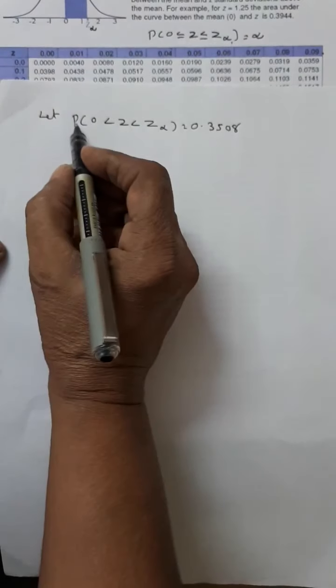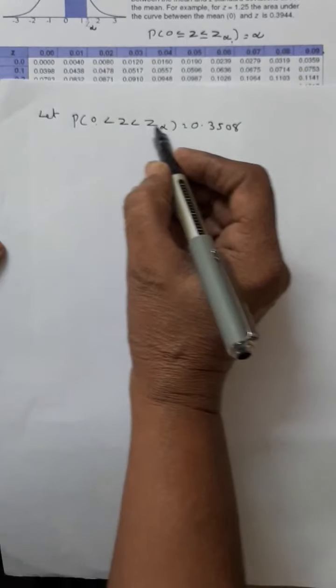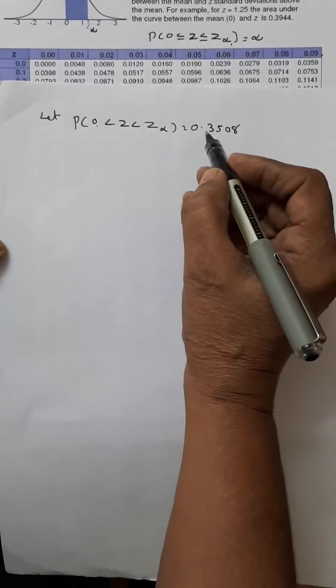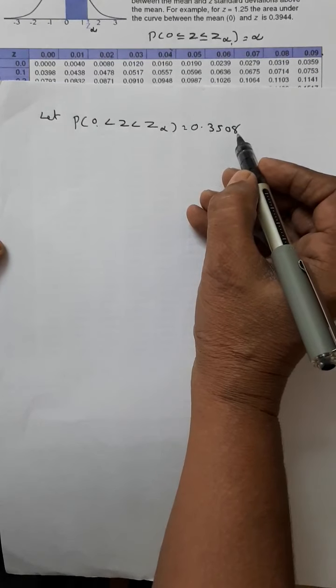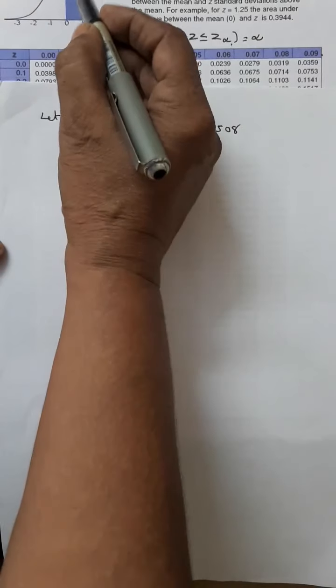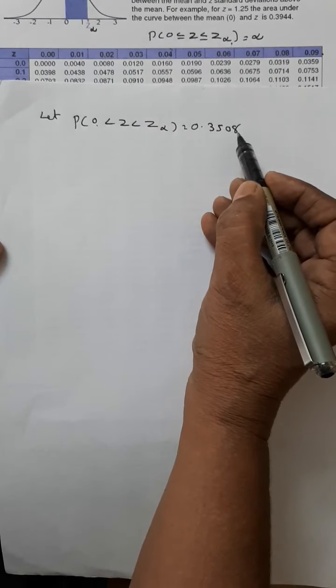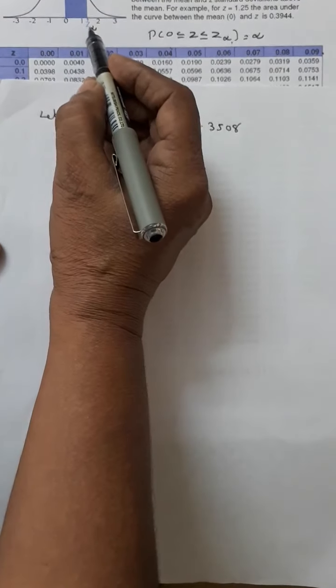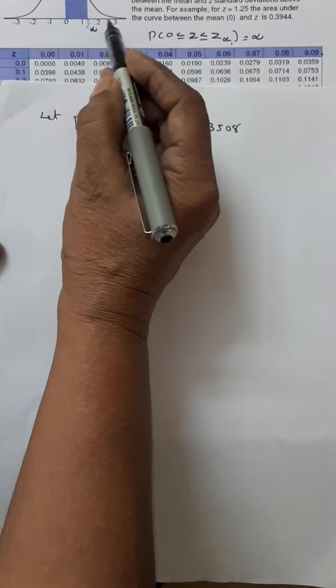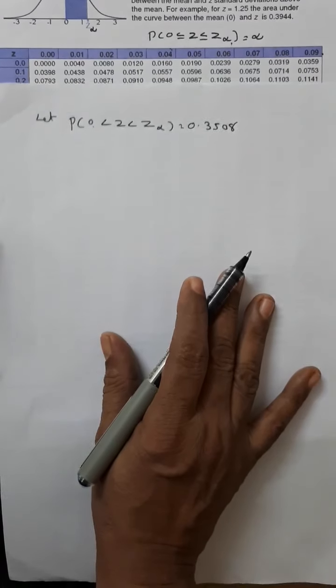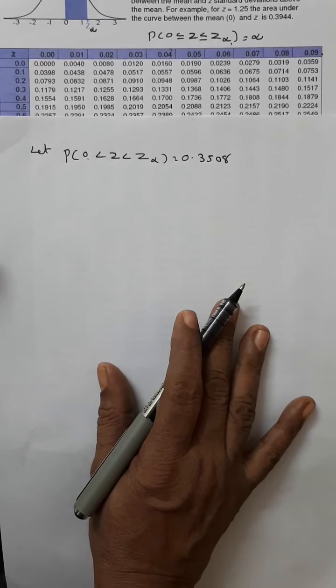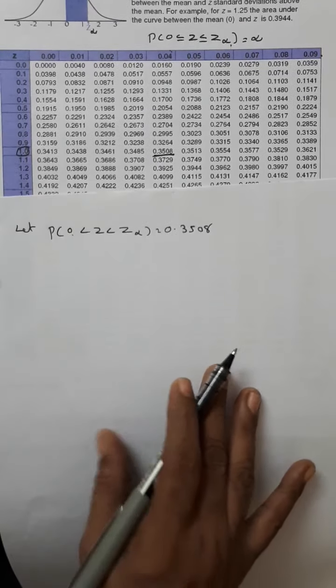Let P of 0 less than Z less than Z alpha be 0.3508. That is, this alpha is 0.3508, and we want to find the z alpha, that is the z ordinate, using the standard normal table. How can we do that?